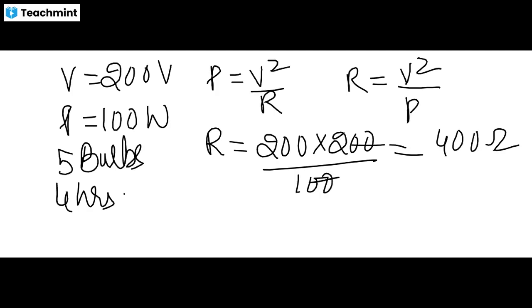400 ohms. Now power is given in terms of watt. You should convert that into kilowatt. 100 watt in kilowatt means 0.1, so power will be 0.1 kilowatt.